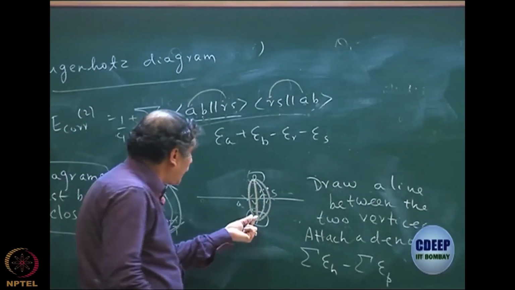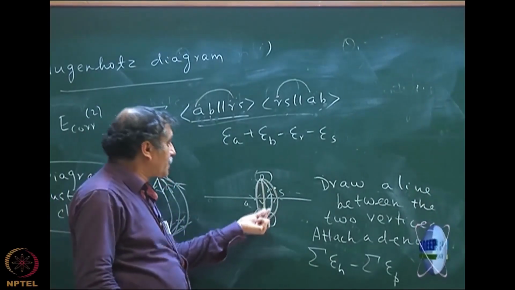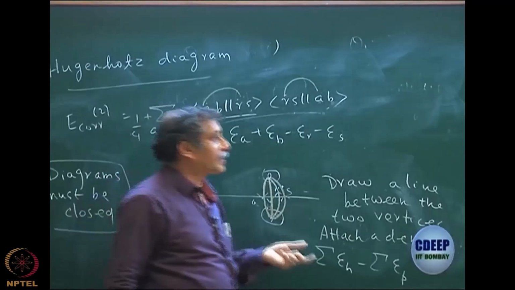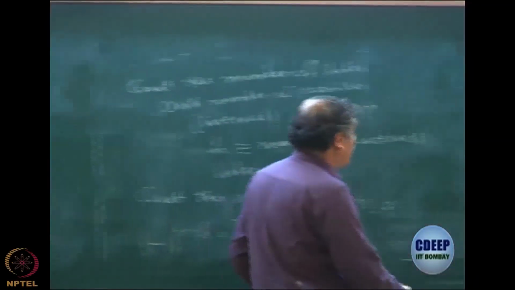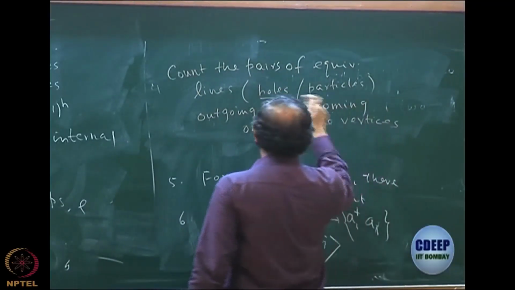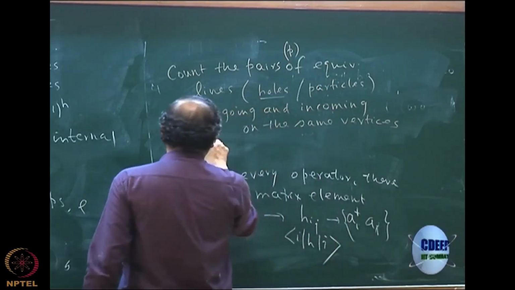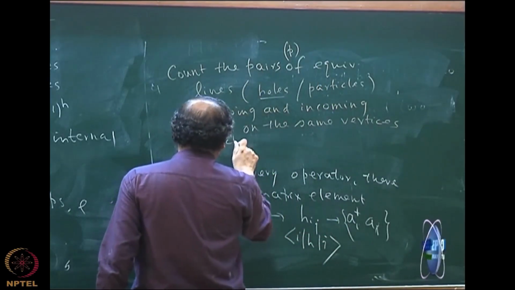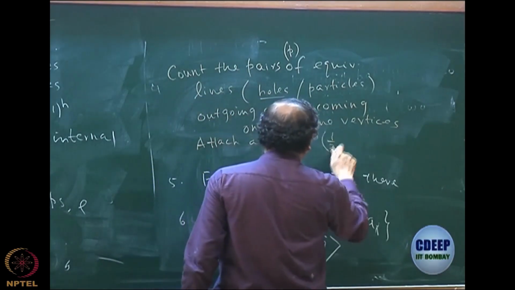There is a second pair which is R and S, both of them are particles, starting from the same vertex, ending at the same vertex. So in this case, I have 2 pairs of lines. So count the pairs of equivalent lines, and I call these pairs P, then attach a factor, not a sign, a factor which is 1 by 2 to the power P.